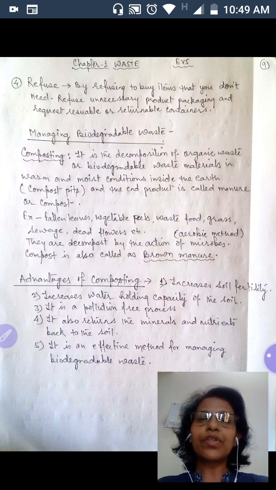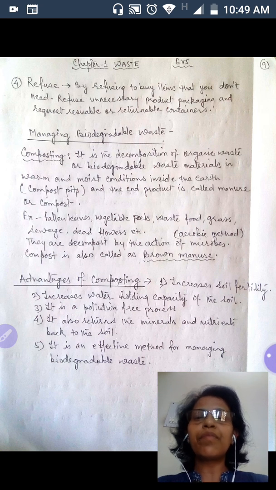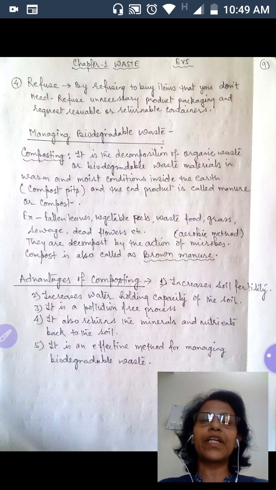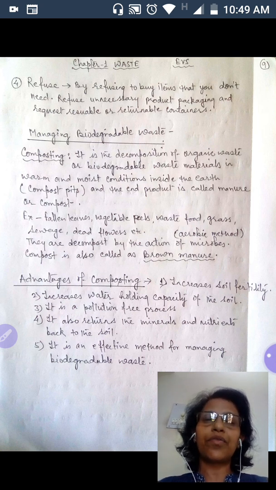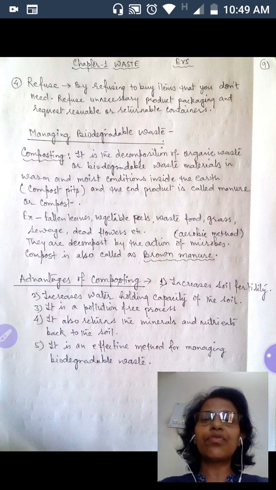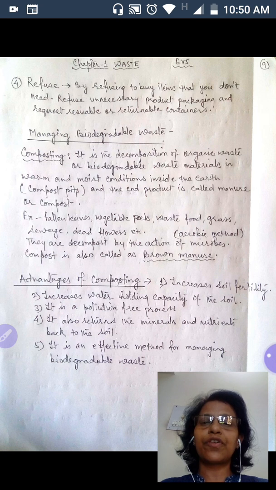Now we have also learned about the two important methods to manage biodegradable or recyclable waste material, composting and vermiculture. Composting is an organic, aerobic process, where by the action of microorganisms, the waste is degraded into a usable form, what we call organic fertilizers or compost.